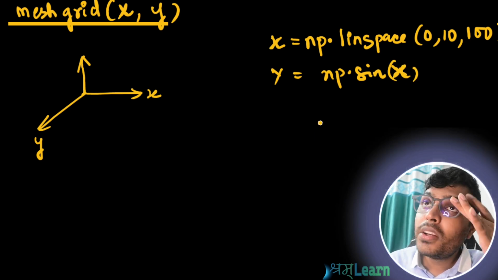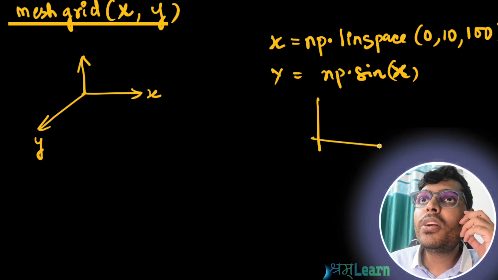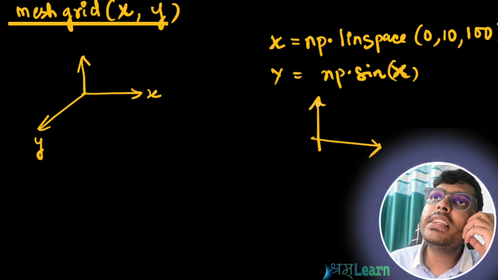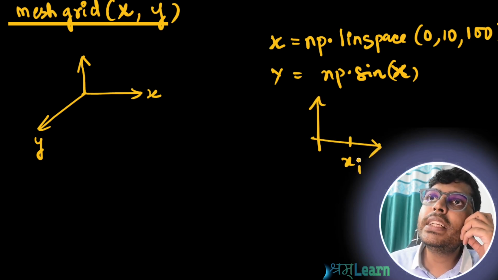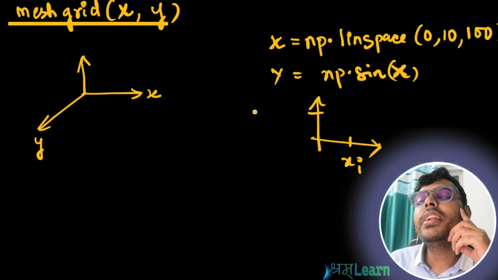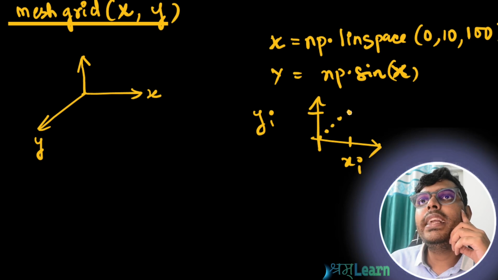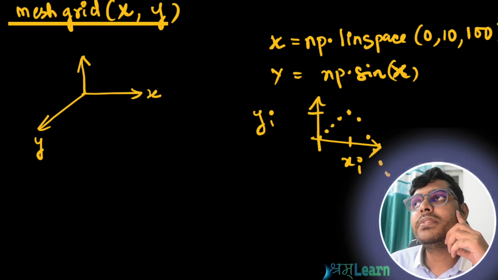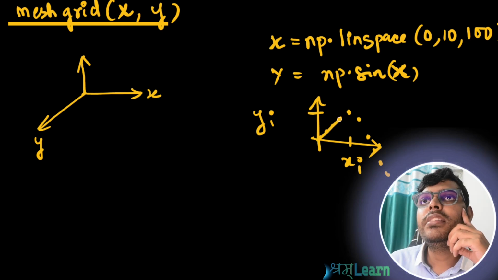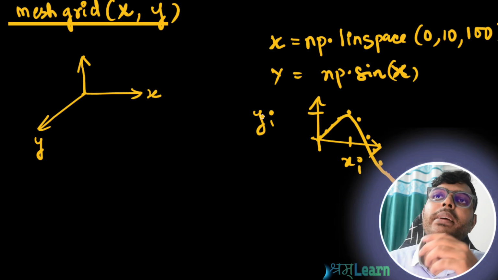For each element in the x array, let us suppose that is xi, we got a corresponding element yi, and if we do this for all i, we get a sine curve in this fashion, and if we join all of that, we get a curve in 2 dimensions.